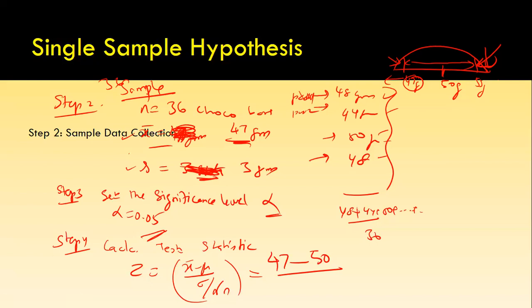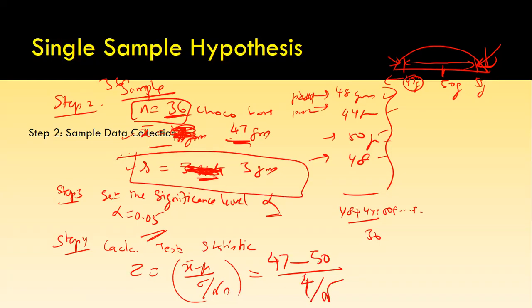So the population standard deviation sigma is 4 grams divided by square root of n. What is n here? n equal to 36. Everything I've given here, n equal to 36. Don't be shy, okay? The sample standard deviation is not required because we know the population standard deviation, they've given it as 4, and the sample size is 36.